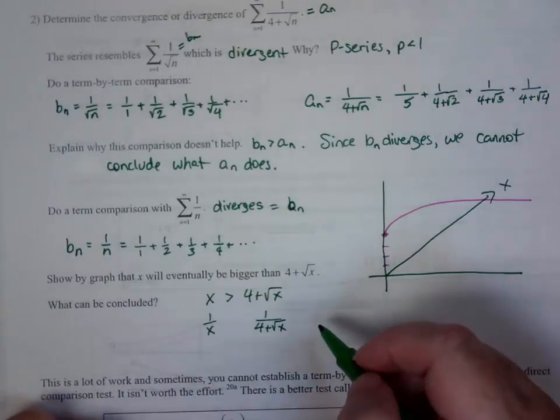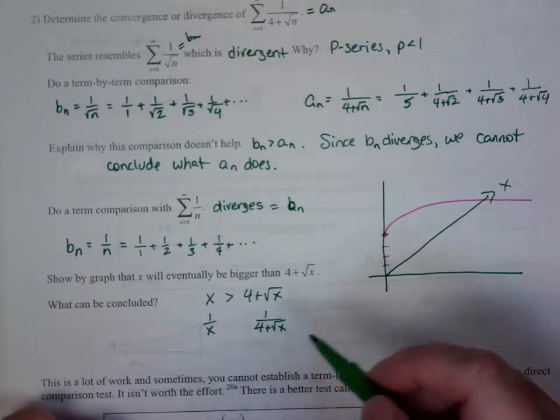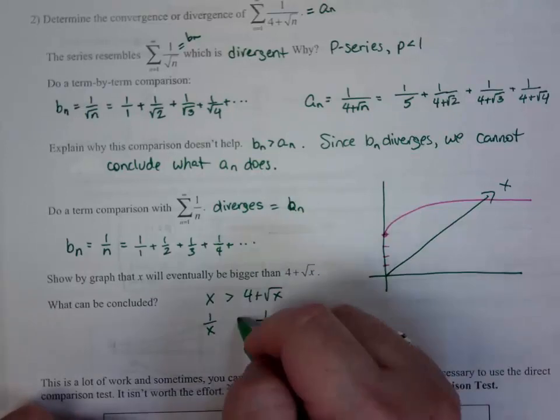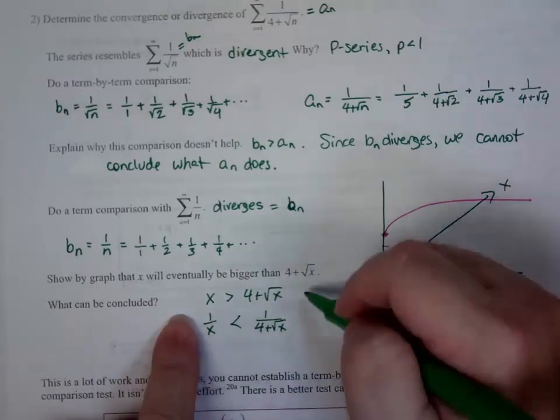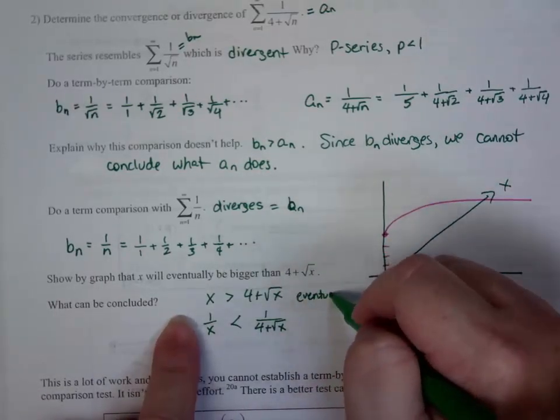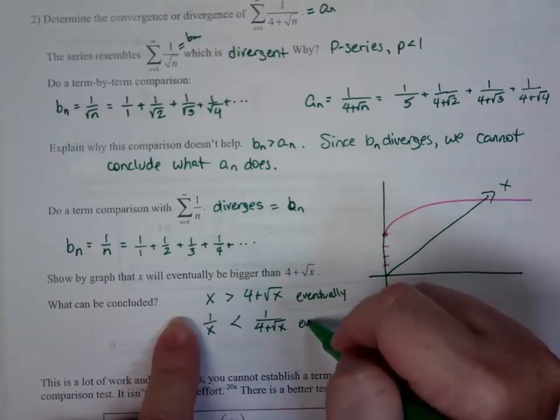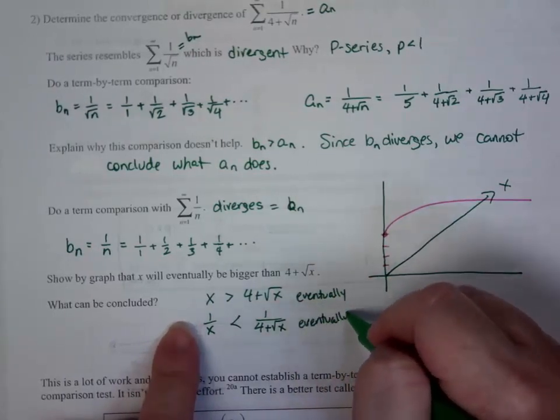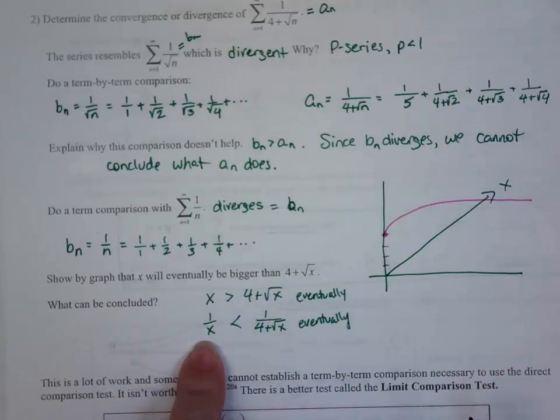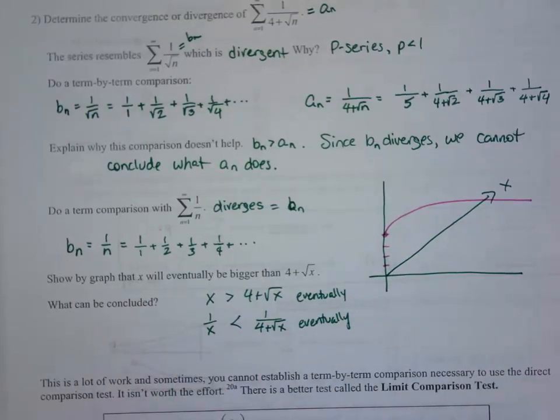Bigger denominators mean what kind of fractions? Smaller. So if this is true eventually, this is true eventually also. So now 1 over x is now under the other one, and if it diverges, it's pushing the other function to divergence as well. Okay?